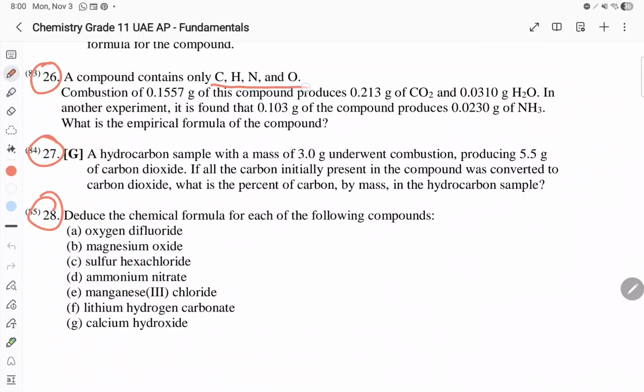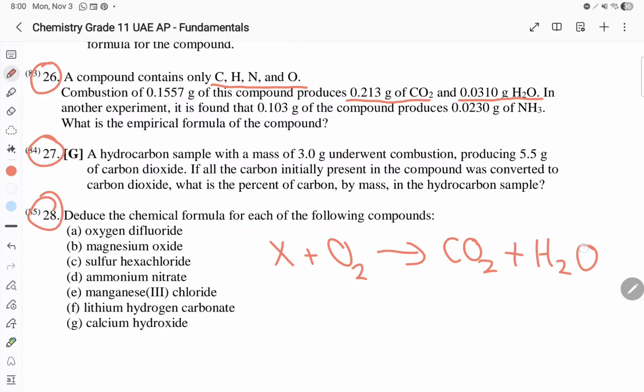So you have a compound that only has these 4 atoms. Combustion of this many grams of this compound produces this much CO2 and this much H2O. So this compound X plus O2 forms this much CO2 and this much H2O.